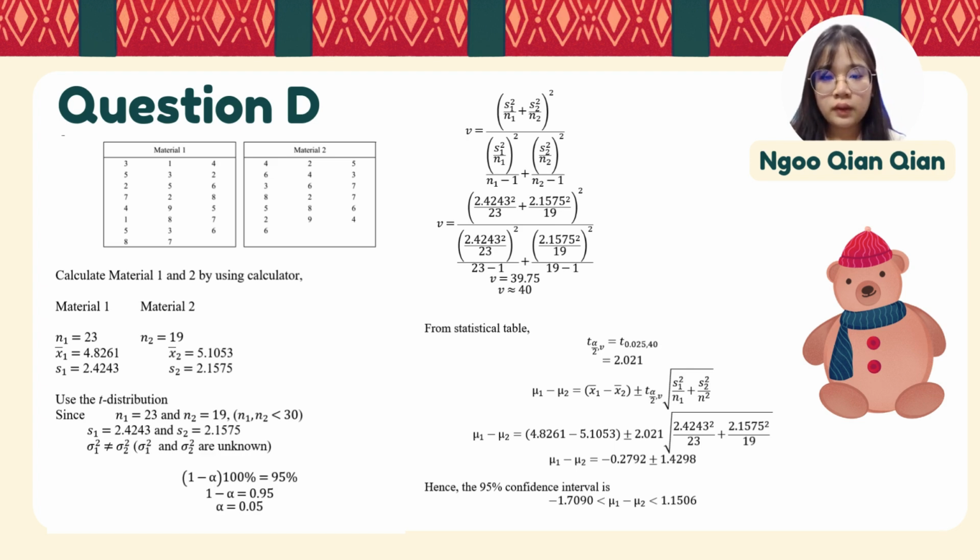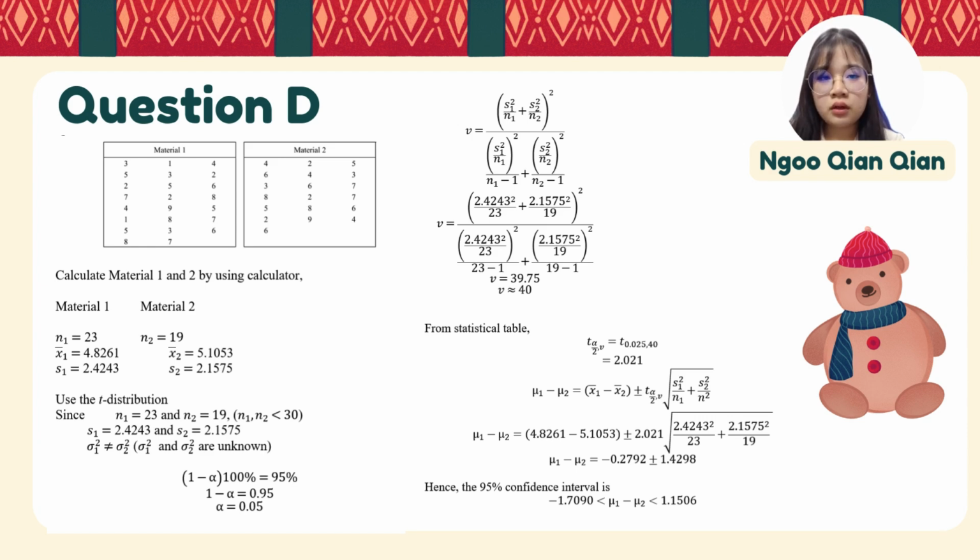For question D, we can calculate the sample size, sample mean, and sample standard deviation for material 1 and material 2 by using a calculator. Based on the information, we know that N1 and N2 are both less than 30, and the variances 1 and 2 are unknown. Therefore, we use the T-distribution for analysis. Given the confidence level is 95%, the alpha is 0.05. From the statistic table, we get the critical T value of 2.201.